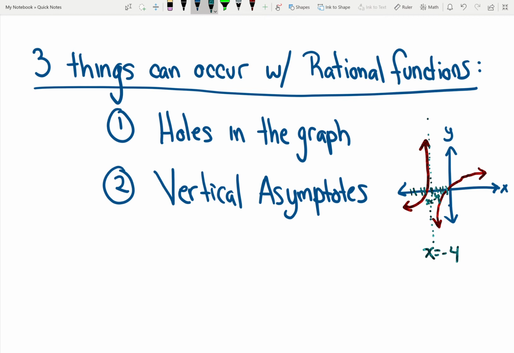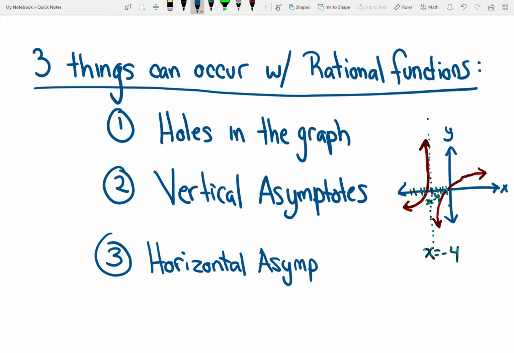And we've got one more, a horizontal asymptote. Really, these are analogous to the vertical asymptote, except they're invisible horizontal lines that our graph cannot cross.